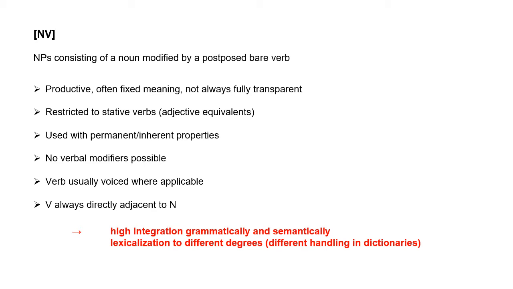So they list some of these NV noun phrases as lexemes, not others, and other dictionaries list another set of these NV patterns. So there is quite some discrepancy in handling the lexical status of these patterns.